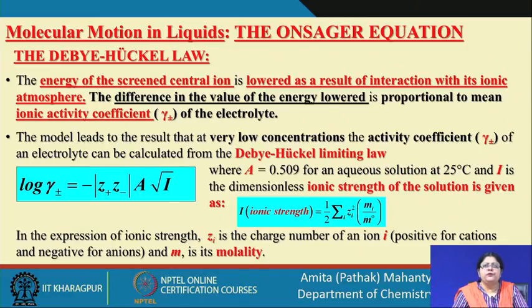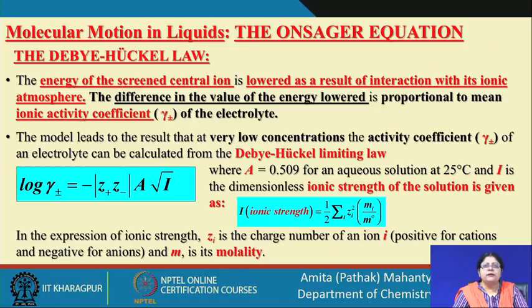To explain Kohlrausch's law, the dependence of molar conductivity on the square root of concentration, we can use a similar logic. Whatever was developed by Huckel's theory could be extended to explain the molar conductivity dependence on the square root of the concentration, which was in moles per liter.